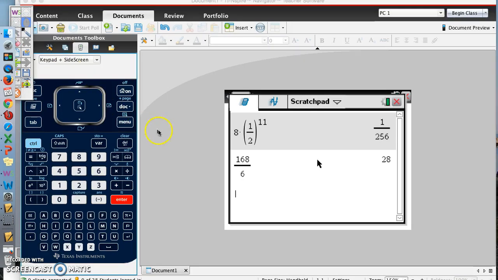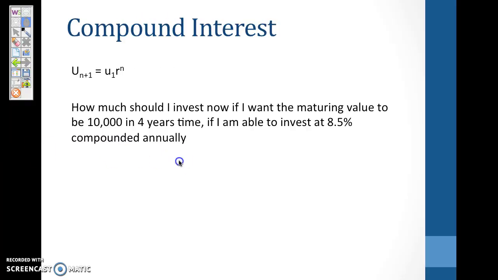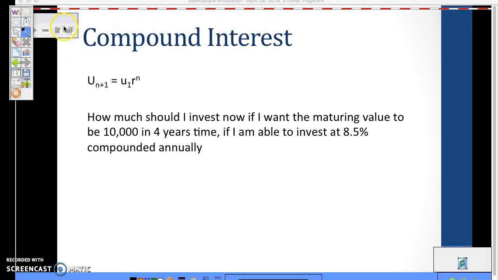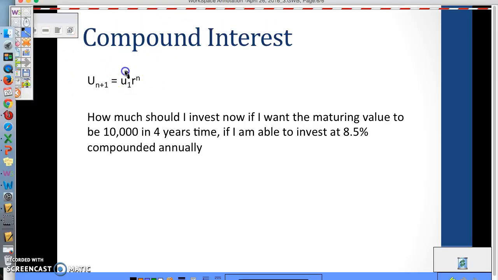And then the last thing we're going to take a look at here, compound interest. And we've talked about this before, where this is our principal, our rate to the number of years that we've invested. So how much should you invest now if you want a maturing value to be 10,000 in 4 years' time?